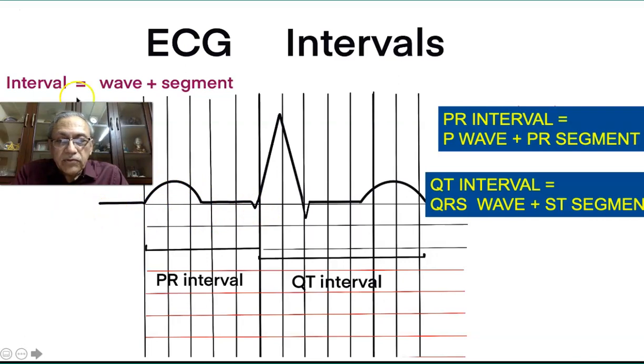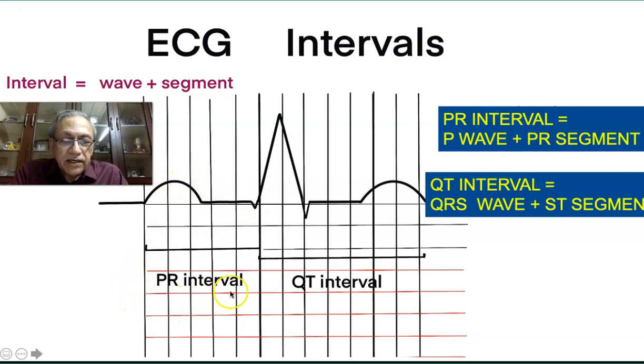Now if we talk about the interval, because this is also a commonly used word in the ECG, the interval is a wave plus a segment. In the first interval, that's the PR interval, the P wave is included along with the PR segment.